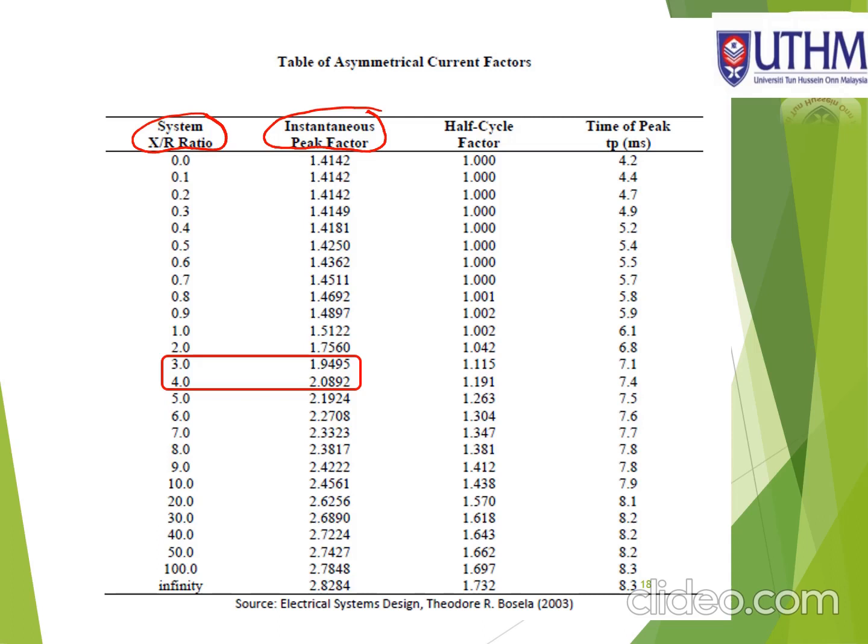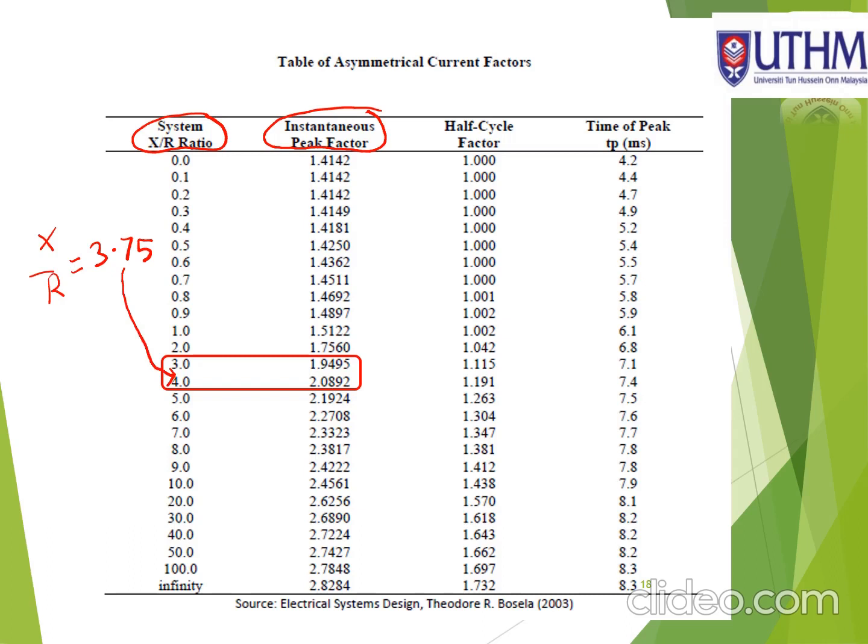For this question, the X/R ratio is 3.75. We can see from this table that 3.75 is in between 3 and 4.